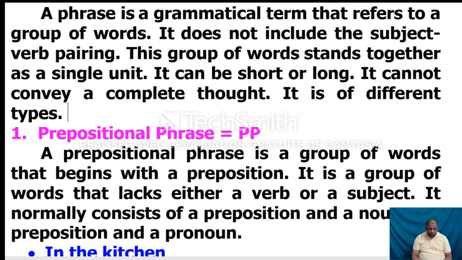A prepositional phrase is a group of words, because when we speak about a phrase, we speak about a group of words without subject and without verb. So the main characteristic of a prepositional phrase is that it begins with a preposition. So the preposition takes an initial position in this phrase.